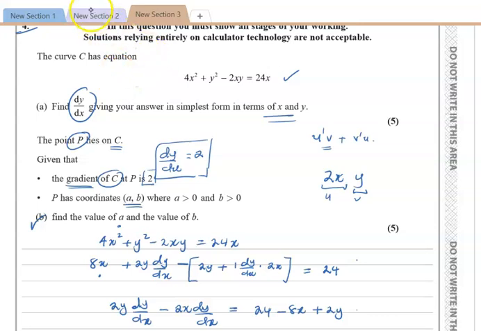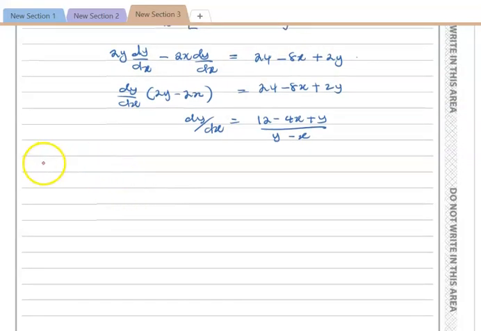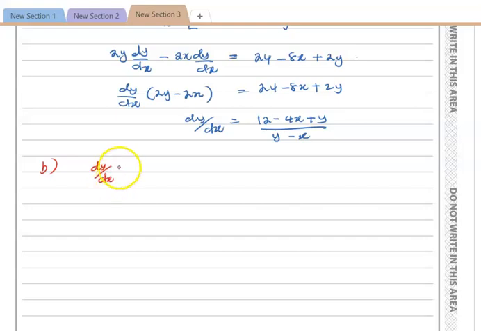Let us see what we are doing over here. Since dy/dx is equal to 2, what we are saying for this part B is that dy/dx is equal to 2. That means 12 minus 4x plus y over y minus x is equal to 2. Now you can cross multiply here, so you have 12 minus 4x plus y equals 2y minus 2x.